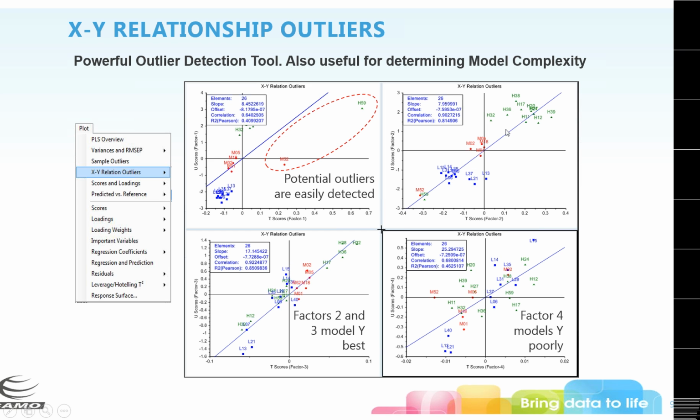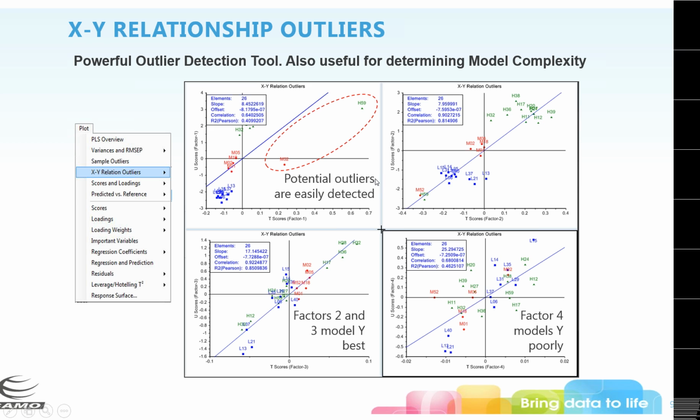We're seeing a nice correlation between the X and Y, and the same thing in factor 3. Once we get to factor 4, you see this starts to look like a shotgun effect. You don't see very much correlation between the Y output and the X variation. And so that's another way to help you determine how many factors you want to use in your model.